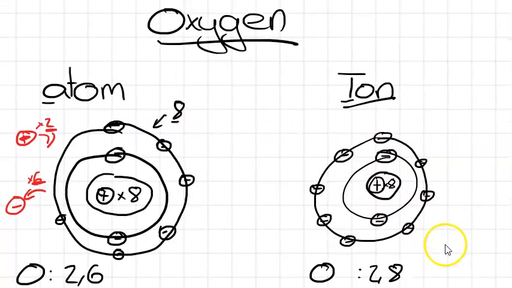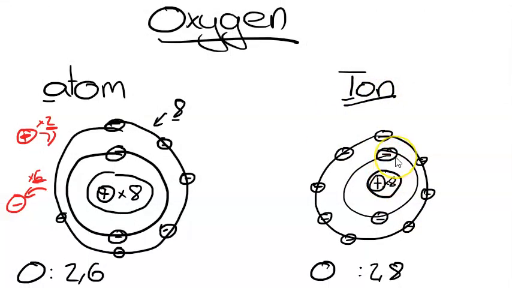So this is going to mean that this ion is going to have a charge, because electrons have a negative charge and protons have a positive charge. Normally when the elements are in their atomic form, we would have the same number of protons as electrons, and so those charges cancel out. But we no longer have an equal number of protons and electrons.